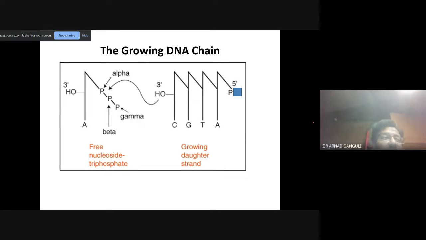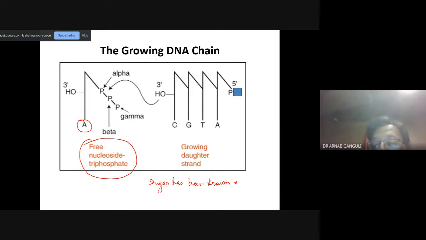So this is a particular free nucleoside triphosphate. This is the adenine base. The sugar has been drawn as a straight line.